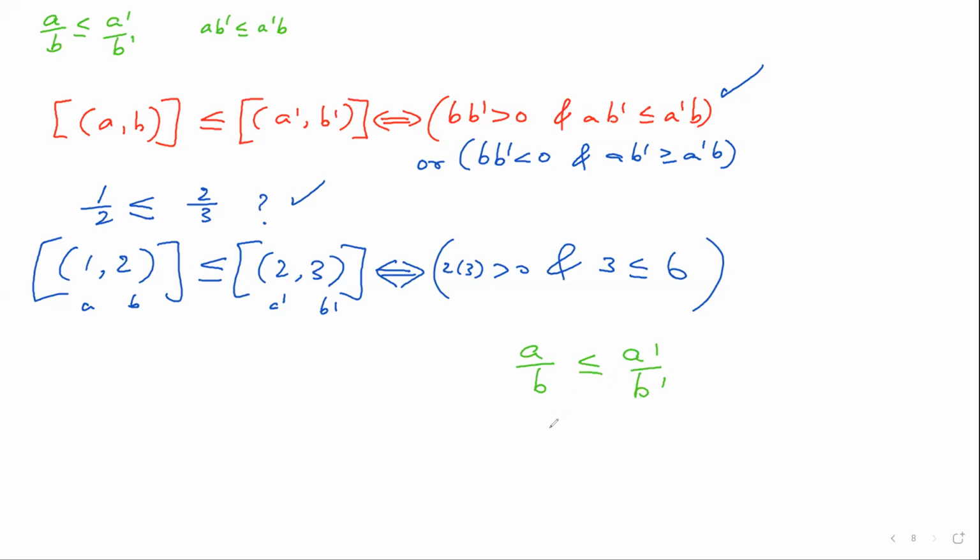Multiply both sides by b b prime, and you get a b prime less than or equal to a prime b. That is what this is here. Follow? See, the properties of the rational numbers are coded into the description of the equivalence classes that are compared. The members of the equivalence classes should be related in this manner if you want to compare those equivalence classes. Are you with me?